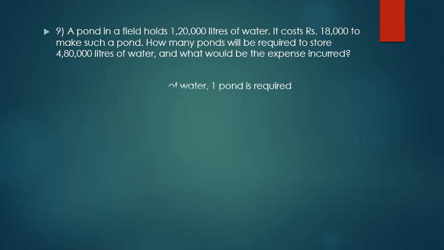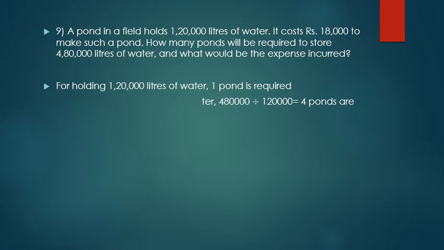So, what's the solution? For holding 1,20,000 liters of water, one pond is required. So, for holding 4,80,000 liters of water, 4,80,000 divided by 1,20,000. So the answer is 4 ponds are required.